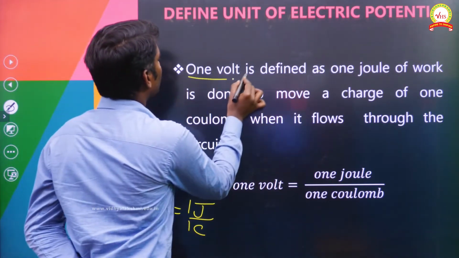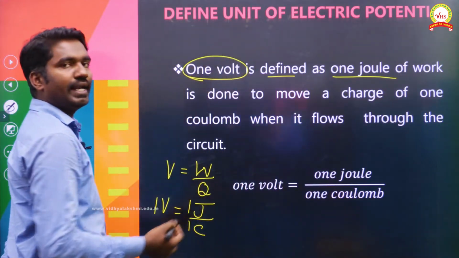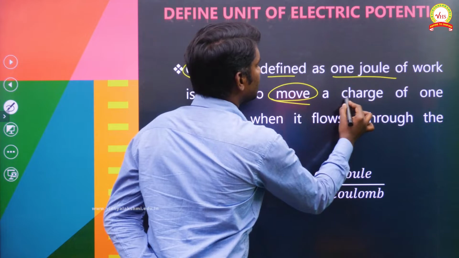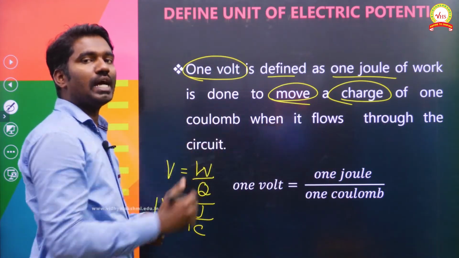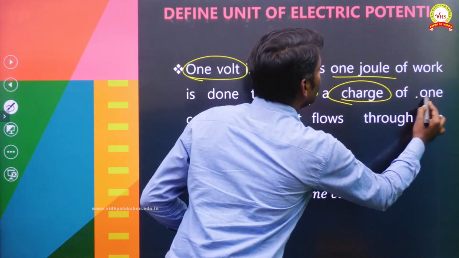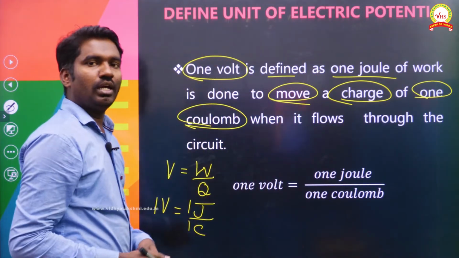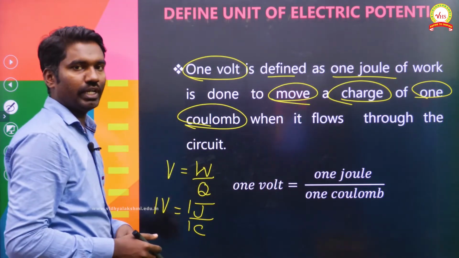So how do we define 1 volt? 1 volt is defined as 1 joule of work done in order to move a charge. How much charge are we going to move here? We are going to move a charge of 1 coulomb. That is called the unit of the electric potential. Like this only, you need to define this.